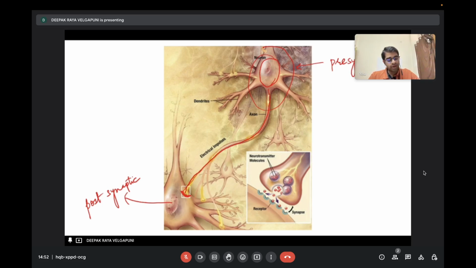As the action potential reaches the end of this neuron, it enables some of the vesicles, which are small sacs of chemical molecules, to fuse with the wall of the synapse and release the neurotransmitters to the next neuron, which bind to the receptors here and then propagate the signal to the next neuron. So this is how the basic information processing units work together in your nervous system.